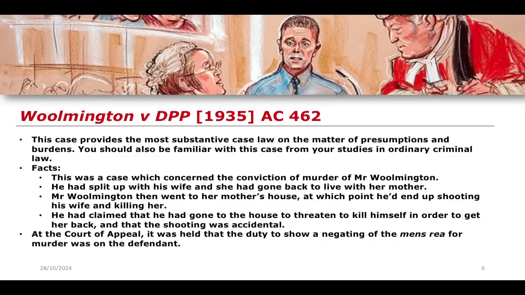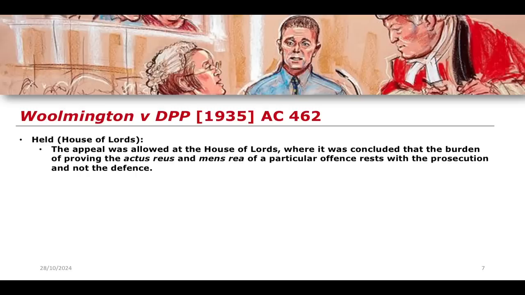Well, of course, you might already be thinking, well, this is a little bit silly, because at the House of Lords level, the appeal was allowed on account of Mr. Woolmington, where it was in fact concluded that the burden of proving the actus reus and the mens rea of a particular offence, in this case we were talking about the offence of murder, rests solely with the prosecution and not with the defence.